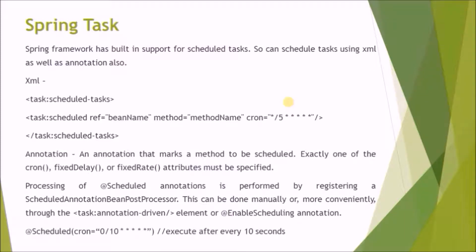Exactly one of the cron, fixedDelay, or fixedRate attributes must be specified. Processing of @Scheduled annotations is performed by registering a ScheduledAnnotationBeanPostProcessor. This can be done manually or, more conveniently, through the task:annotation-driven element or @EnableScheduling annotation.